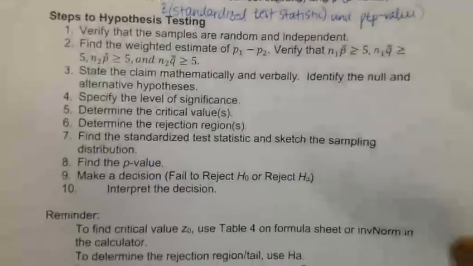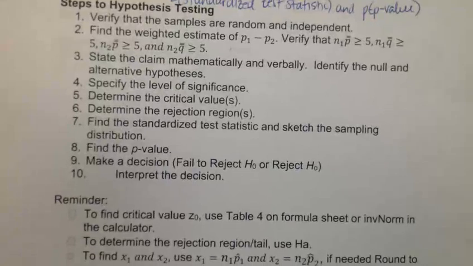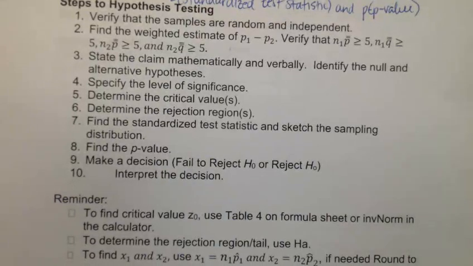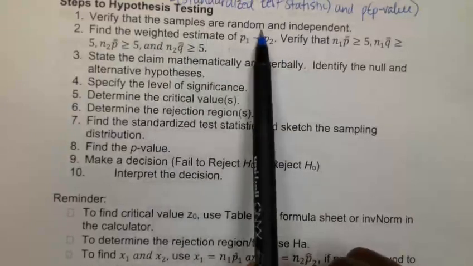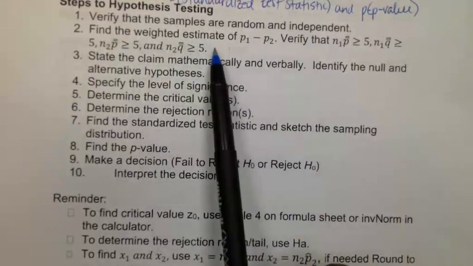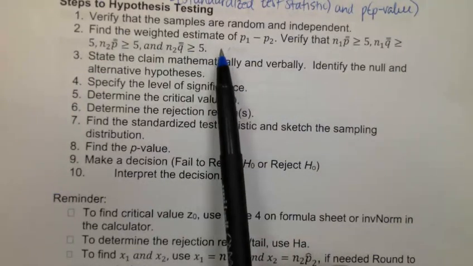So steps to hypothesis testing. This is the same as we've been doing for every section, but of course it varies per section. You want to verify the samples are random and independent. We don't have a mean, so we're not going to use the central limit theorem.